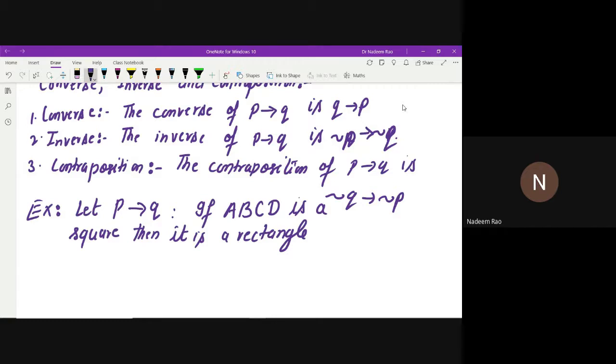Write its converse, inverse, and contraposition.